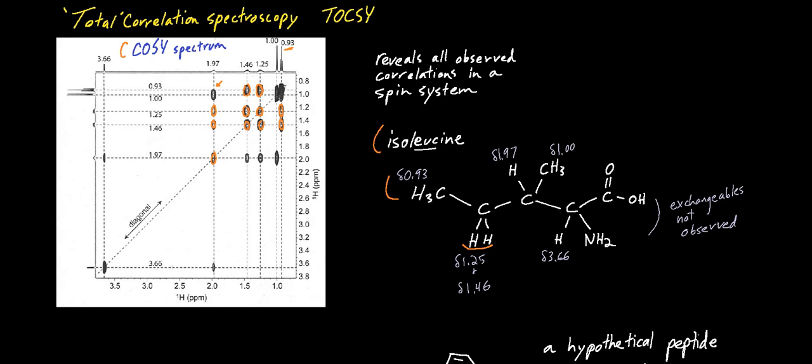Okay, so as we continue down, the 1.97 occurring here on the diagonal correlates to the 1.46 and the 1.25 that are just to its left as we look at it. It correlates to the 1.00 here, as I'm circling it, which is over here, and that makes sense because it's on an adjacent carbon. So far we're seeing all of these COSY correlations.